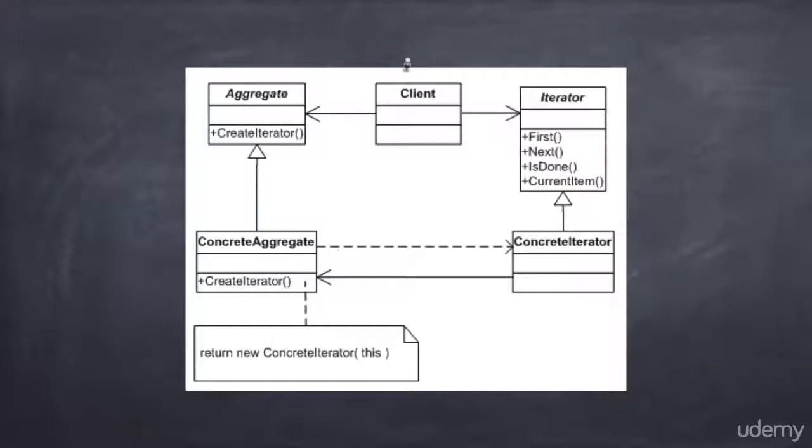You can see in the diagram that the abstract iterator base class defines the interface, and there can be many concrete implementations of the iterator. One implementation, called concrete iterator, is shown in the diagram. This is the class that is returned when you call the createIterator method on the concrete aggregate class.